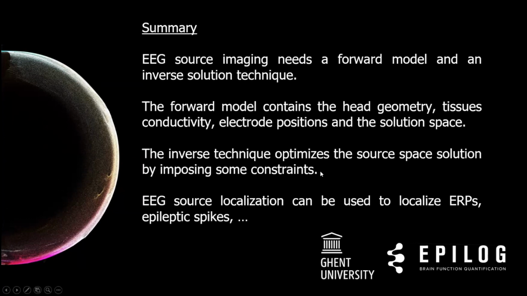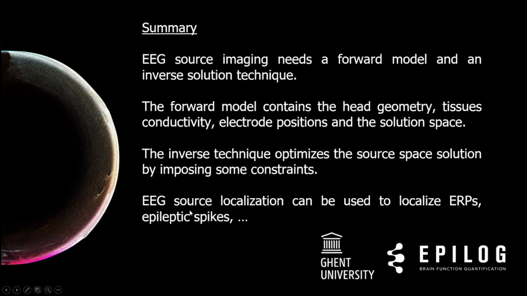The inverse technique optimizes the source space solutions by imposing some constraints, and it's those constraints that lead to a unique solution. That gives you one solution of sources that cause your measured EEG.